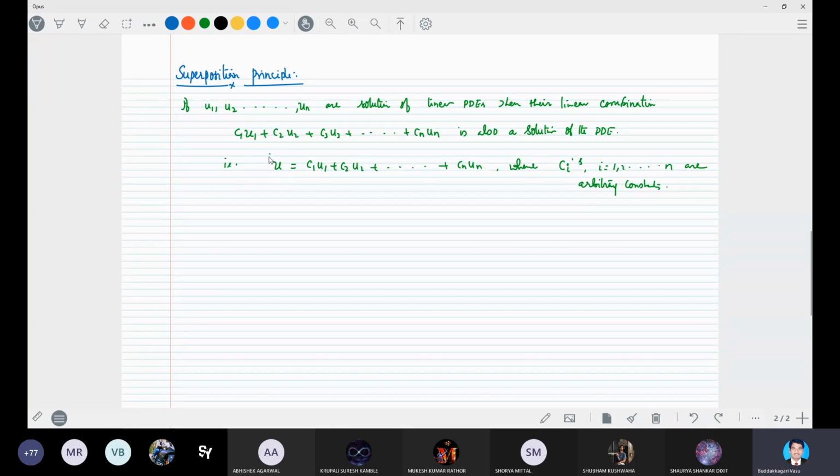Where u1, u2 separately were independent solutions of the linear PDE, the linear combination is also a solution. Okay, that we can extend.